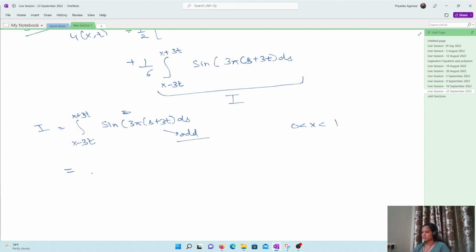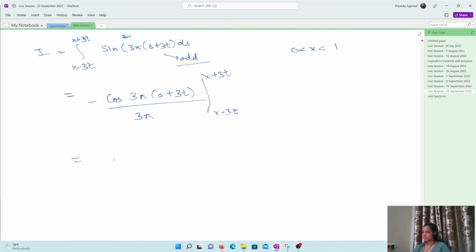So the integration of sine is cosine: −cos 3πs divided by 3π, evaluated from x − 3t to x + 3t.